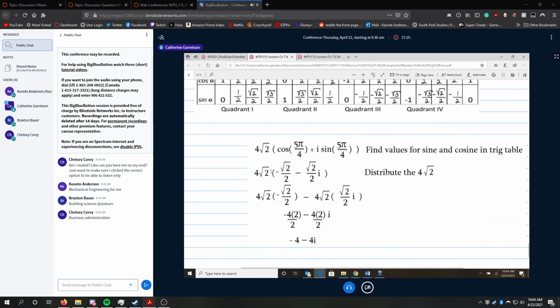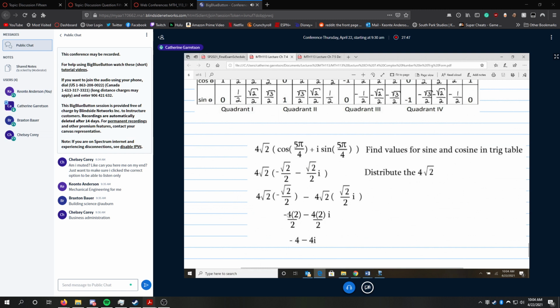Now I just distribute this 4 root 2. When I distribute this, this will be 4 times 2, because root 2 times root 2 is 2, divided by 2. And I distribute this to this, and I get root 2 times root 2 is 2, times 4, divided by 2.